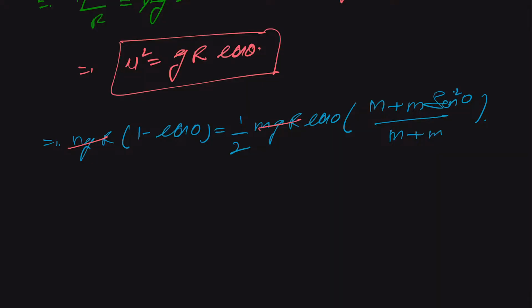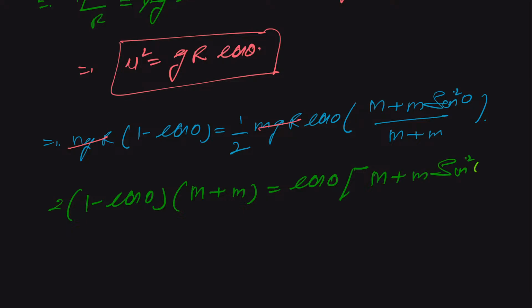So we get 2(1 minus cos of theta)(M plus small m) is equal to cos of theta (M plus small m sin square theta). Okay. So this is the equation which is required.